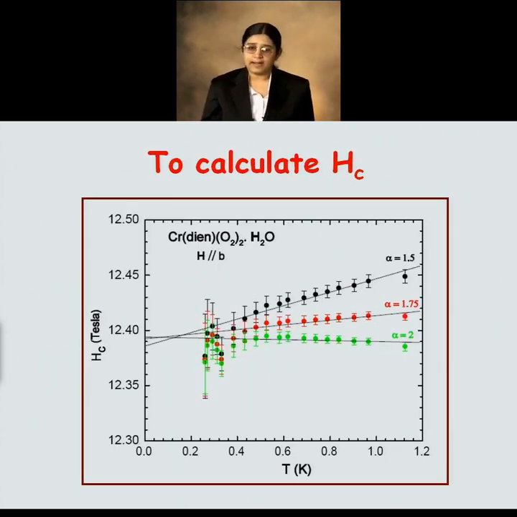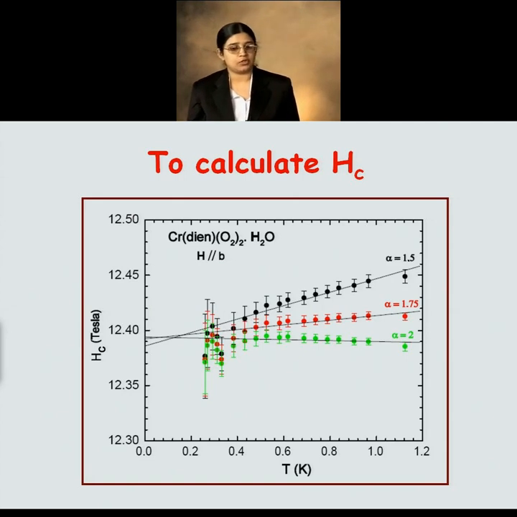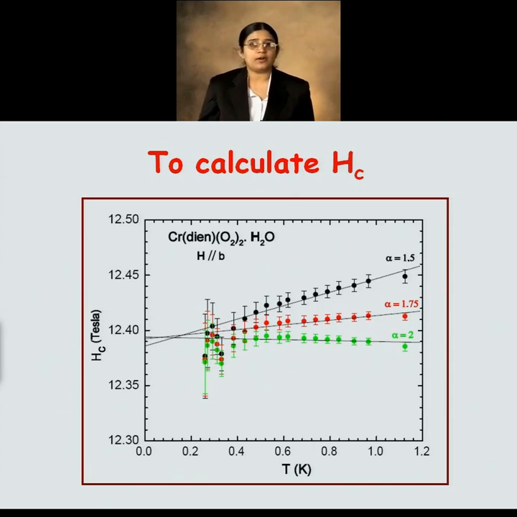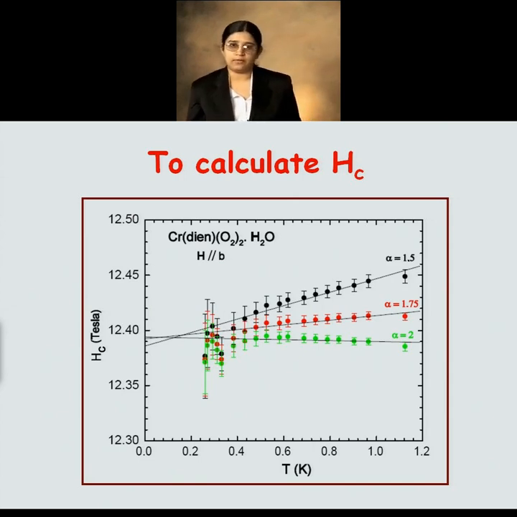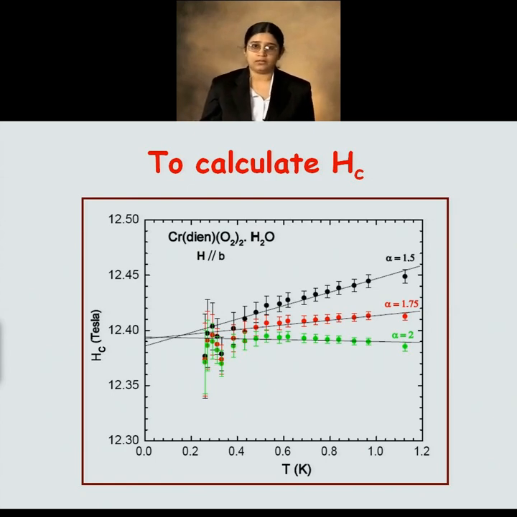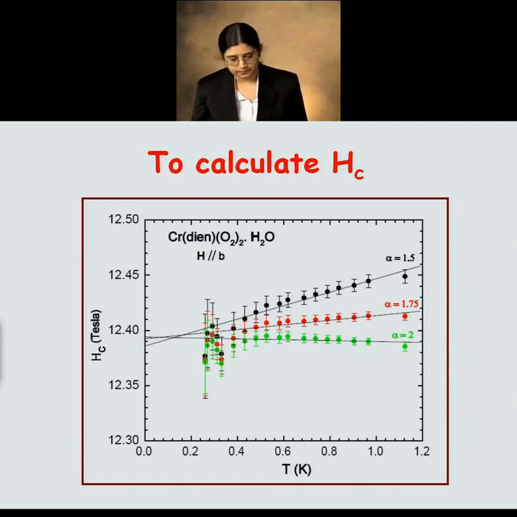We did a straight line fit to the critical field versus transition temperature data, and then we extrapolate each Hc versus T curve obtained for a different value of alpha to T equal to 0 to obtain the critical field value for that particular alpha.